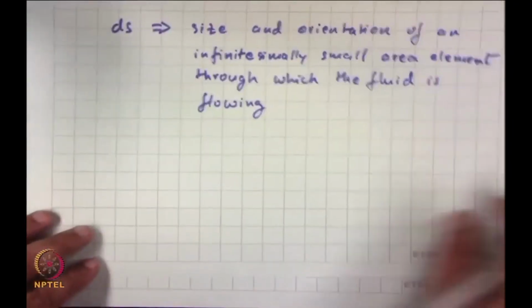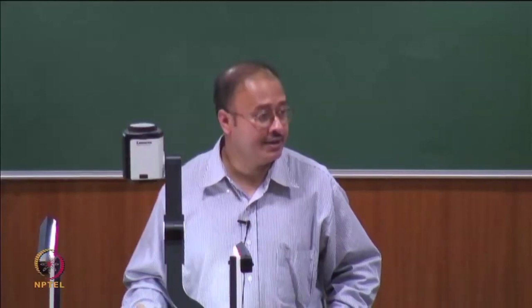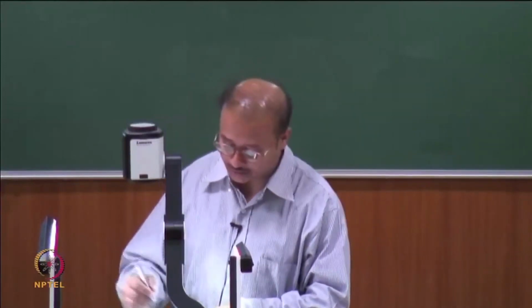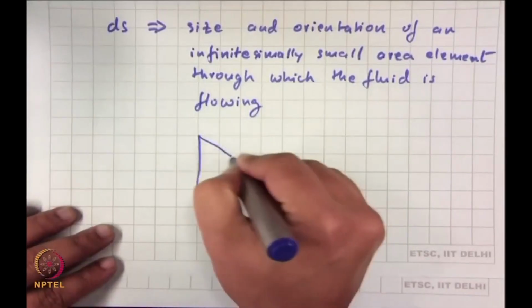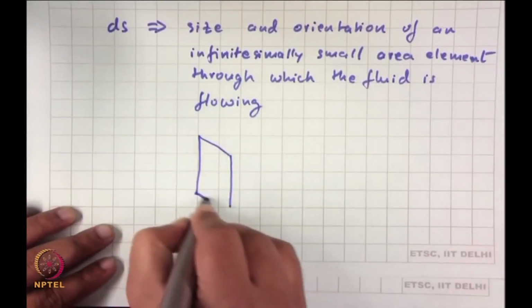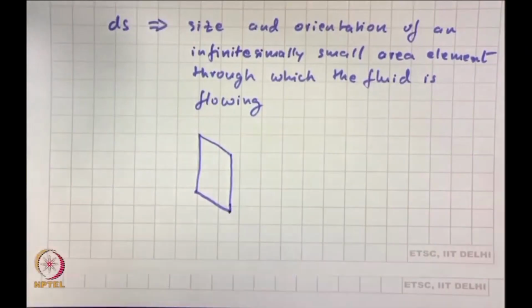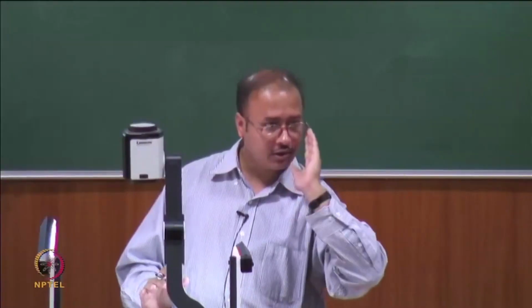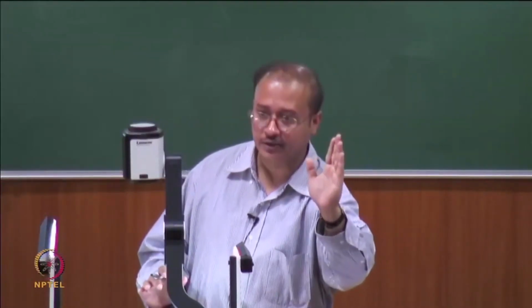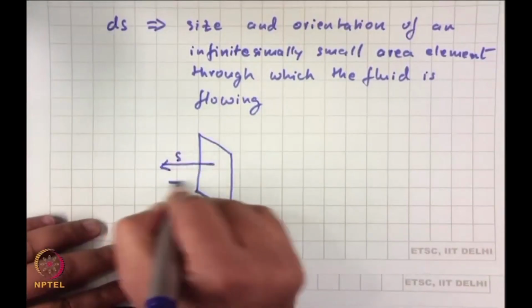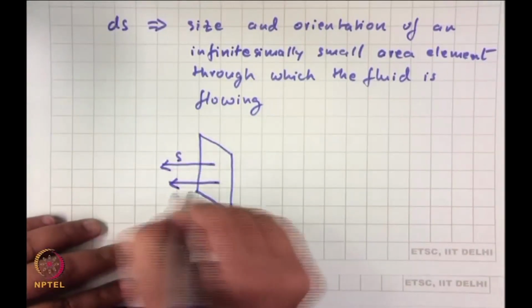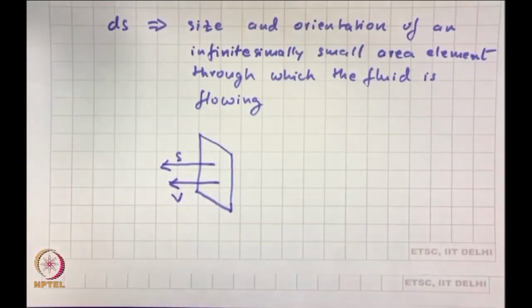Now, how do we look at it? Essentially your dj is a dot product. So, the way you look at it is like this. Say you have a plane, this is one way you can look at a plane, right. That means you have a surface, you are putting a planar cross section area. So, this can be your S and this can be your V, both parallel.